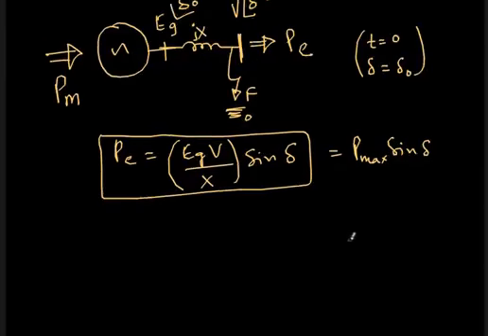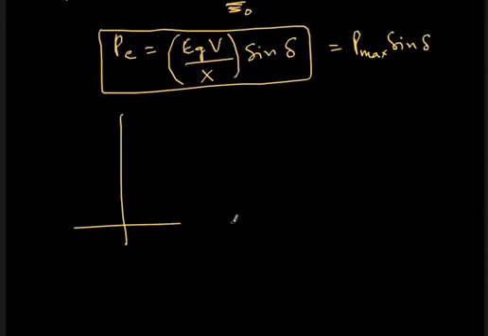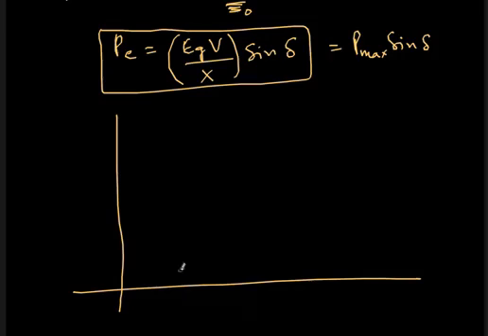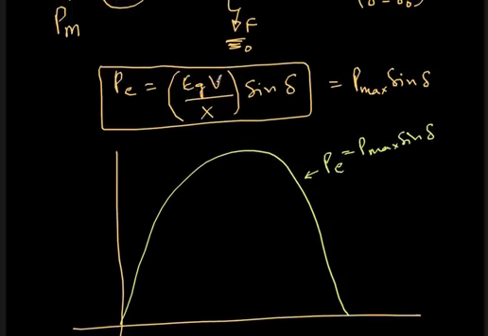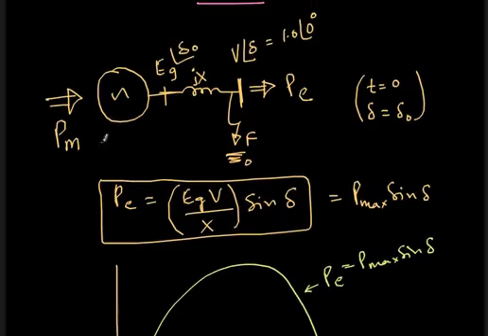So if I draw it as a plot, it will be some curve like this. So let me draw a bigger figure. So this is PE, which is nothing but P max sine delta. And P max is determined by whatever is EG value, V, X, and so on. So P max is actually EG V by X. Now, how much mechanical power is being input?